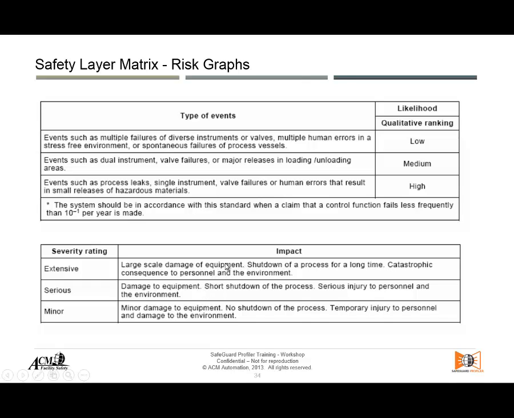So for example, if we take serious consequence, what does that mean with respect to equipment? Damage to equipment, shutdown of the process. Serious with respect to health and safety would be serious injury to personnel, and to the environment if it is environmental. So you see, you describe very well what serious means with respect to each category of risk that we will be analyzing, and so on.